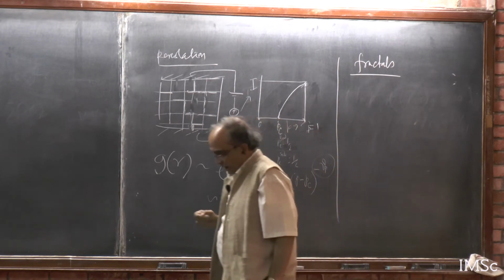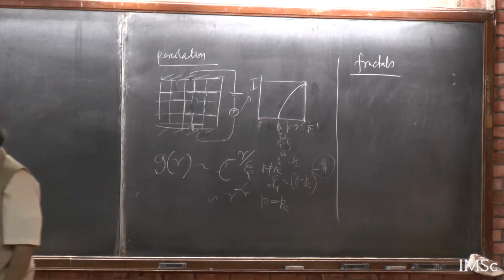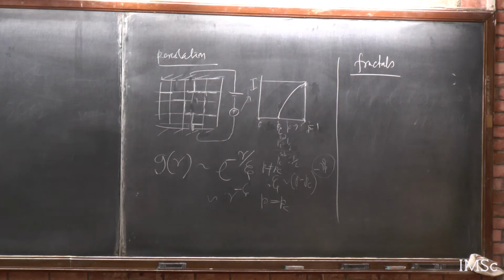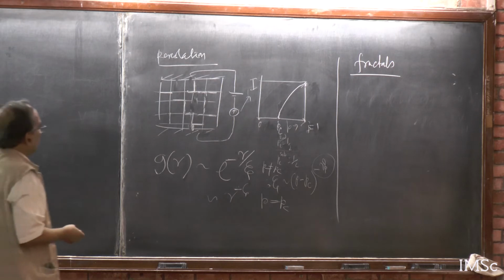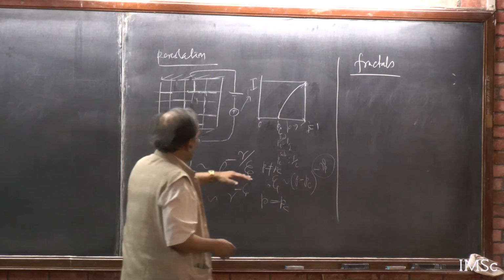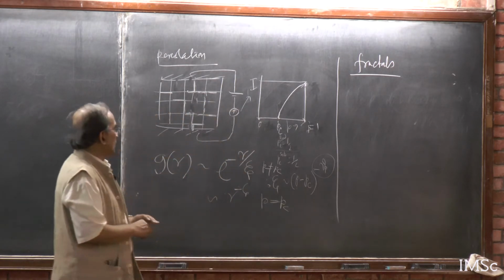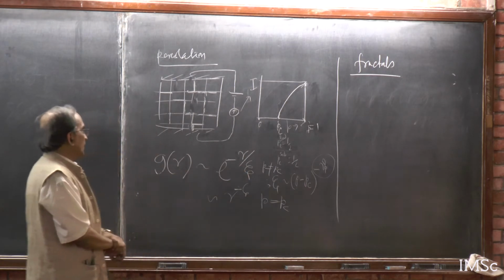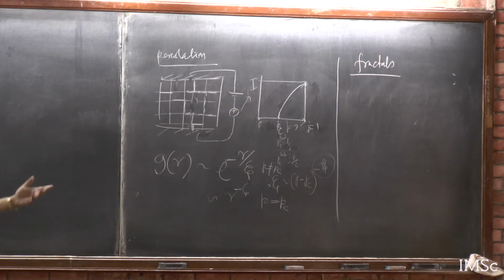Now this correlation length going to infinity means any r is more or less looking the same, because r is not important, r by xi is important, and if xi goes to infinity, all distances more or less look the same.